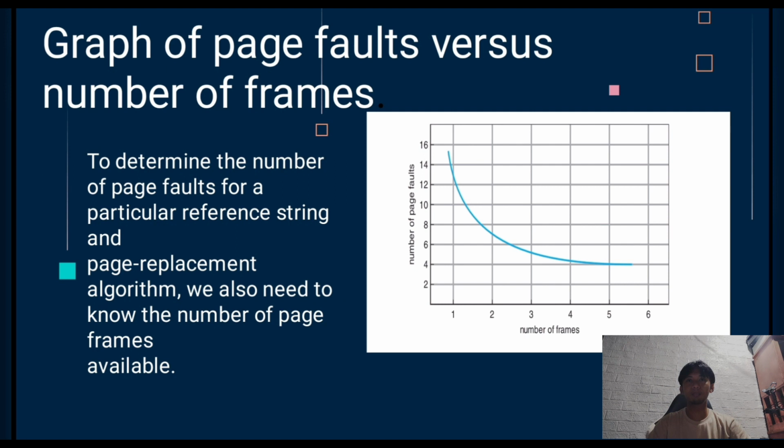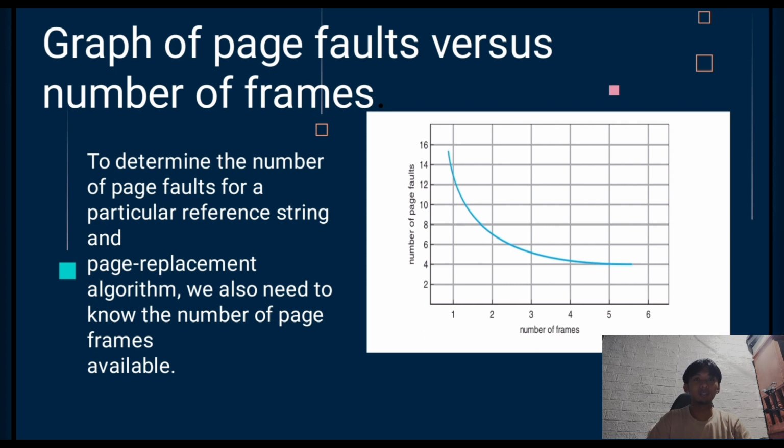So next, the graph of page faults versus the number of frames. To determine the number of page faults for a particular reference string and page replacement algorithm, we also need to know the number of page frames available. As you can see in the figure, obviously as the number of frames available increases, the number of page faults decreases.